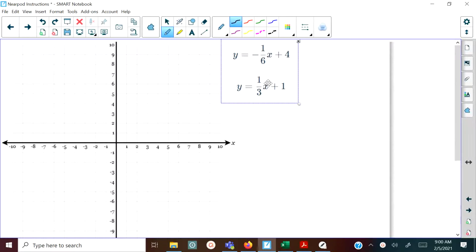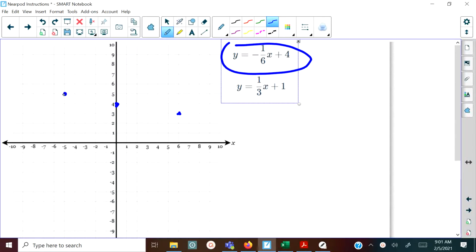Alright, so now we're going to go ahead and graph each one. I'm going to just do this first one. So we got +4, so we start off at +4. We go down 1 and to the right 6: 1, 2, 3, 4, 5, 6, and then I can go up 1 and back 6.